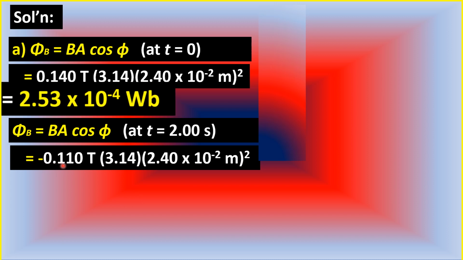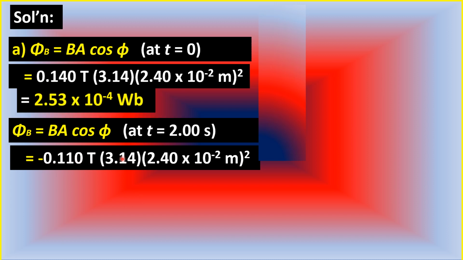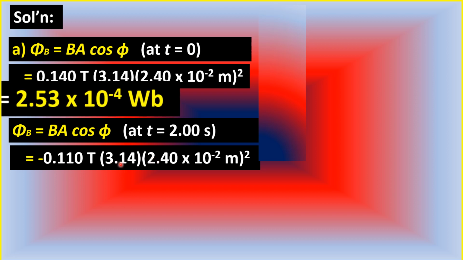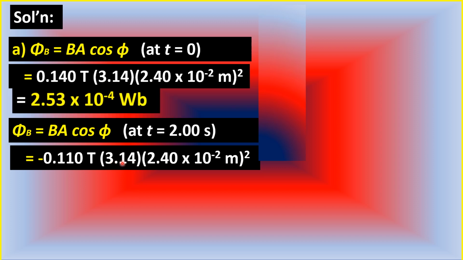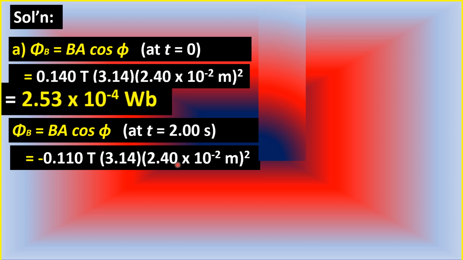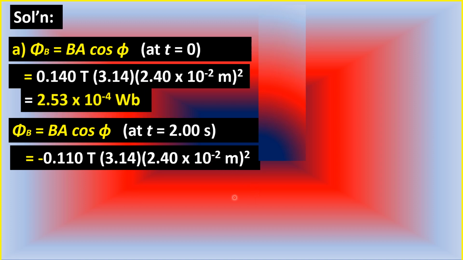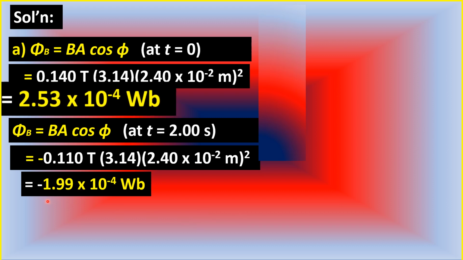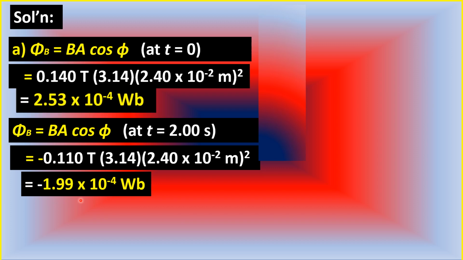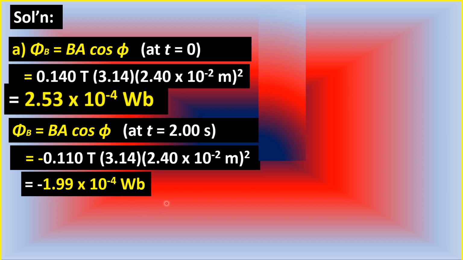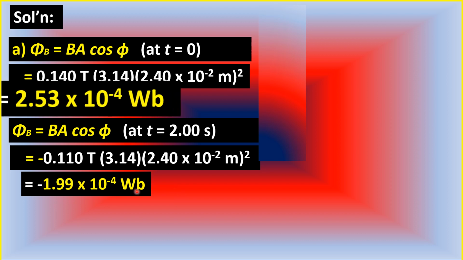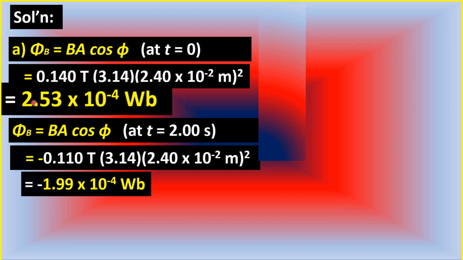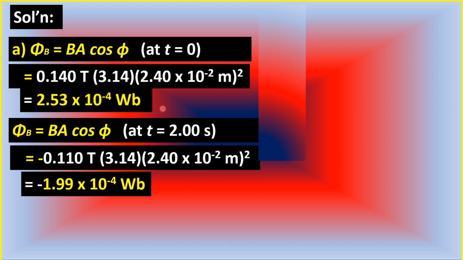Negative 0.110 Tesla, still to be multiplied by the magnitude of the area, 3.14 to 3 significant figures of the pi value, and the square of the radius in meters. Doing our math, we will get the value for capital letter phi equal to negative 1.99 times 10 to the negative 4 Weber. So compare this with the original magnetic flux. At time 0, we have positive 2.53 times 10 to the negative 4 Weber.